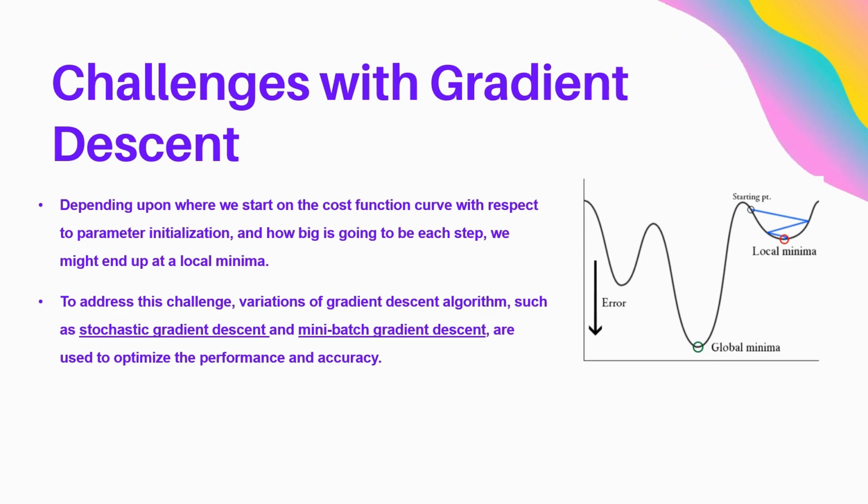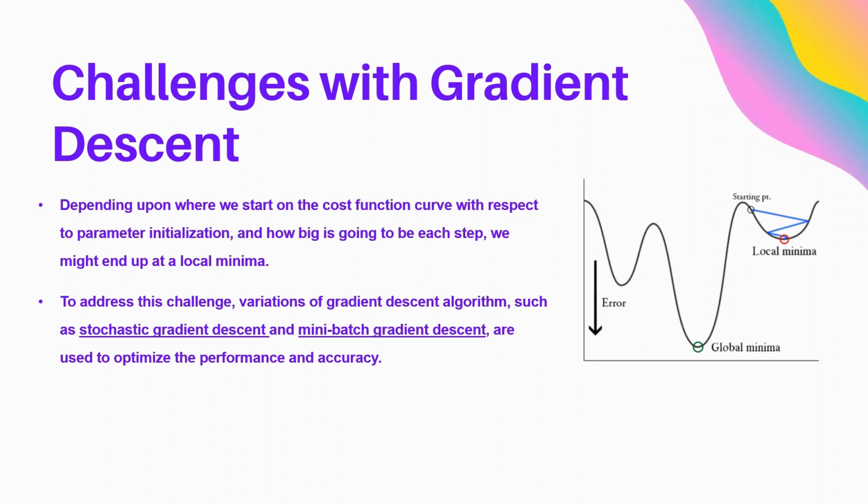To address this challenge, we have different variations of the gradient descent algorithm, one of which is stochastic gradient descent, in which we update the gradient after each data point.